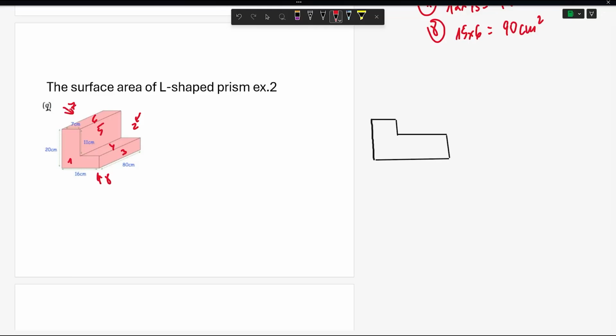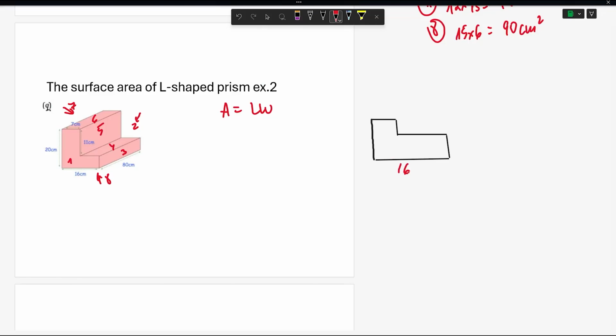It's on the bottom, so I have 8. Again, you need to use your formula for your rectangle to find your areas, and when you find all the 8 areas, you plus it, and you're going to find your surface area of your L-shaped prism. So you make a copy of your side 1, which I make it here, and let's copy the numbers and the measurement.